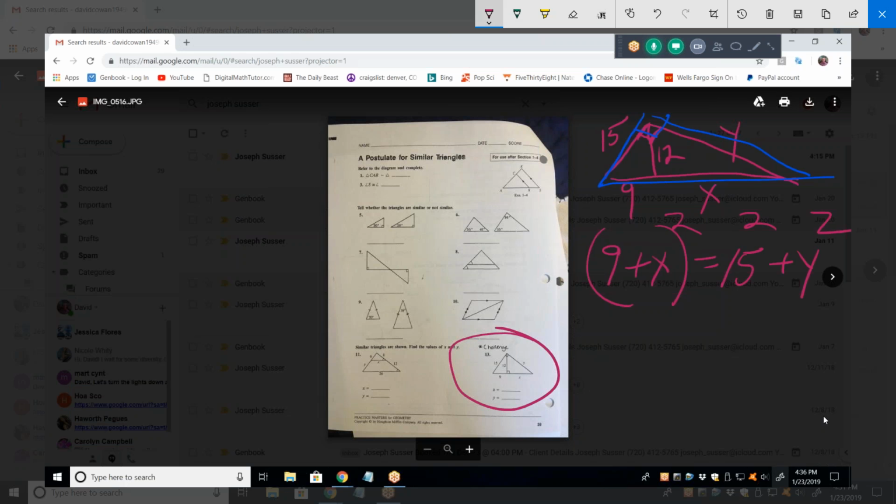Now let's look at this triangle. Give me an equation for that triangle. X squared plus 12 squared equals y squared. Now at this point, you should realize that you can solve this. You have two equations and two variables.